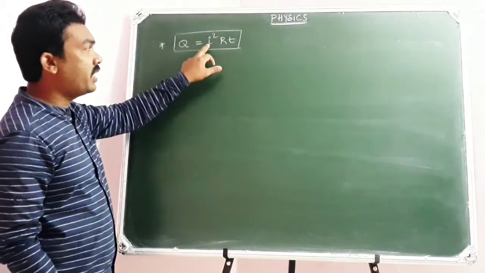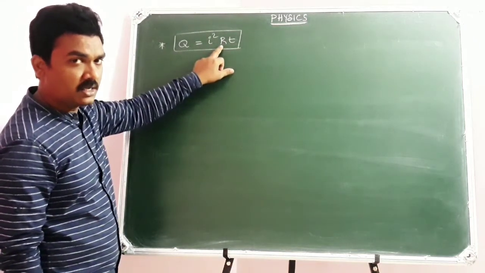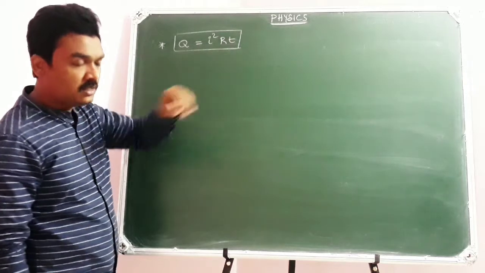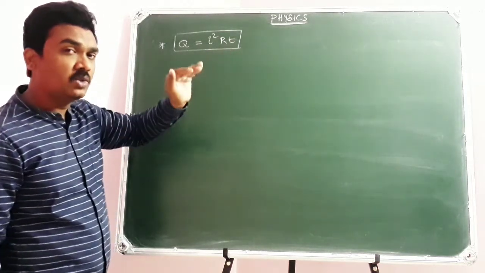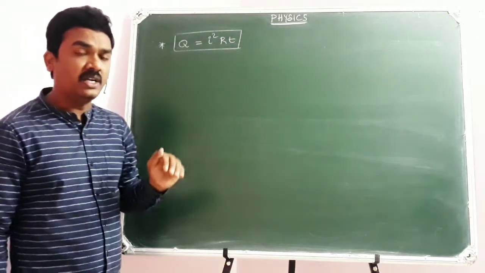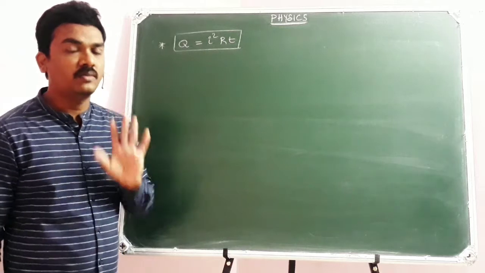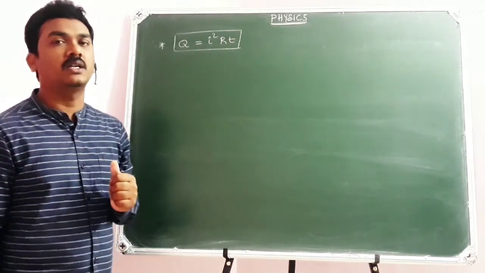I is the electric current in amperes, R is the resistance of the conductor in ohms, T is the time interval for which current passes through the conductor in seconds, then the amount of heat energy we get is in joules. This is a basic mathematical formula for calculating heat energy.